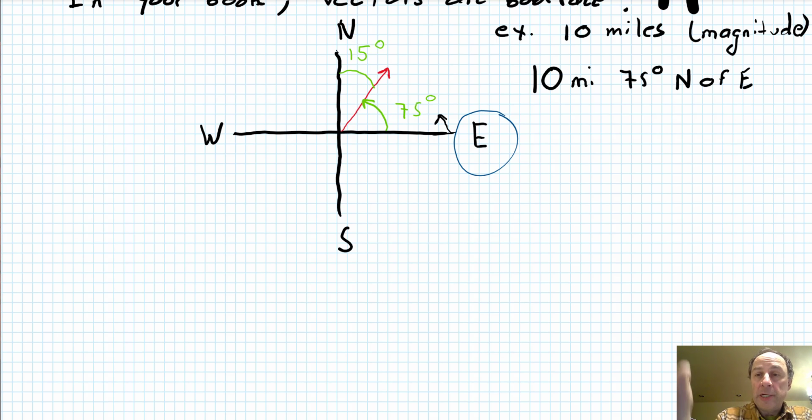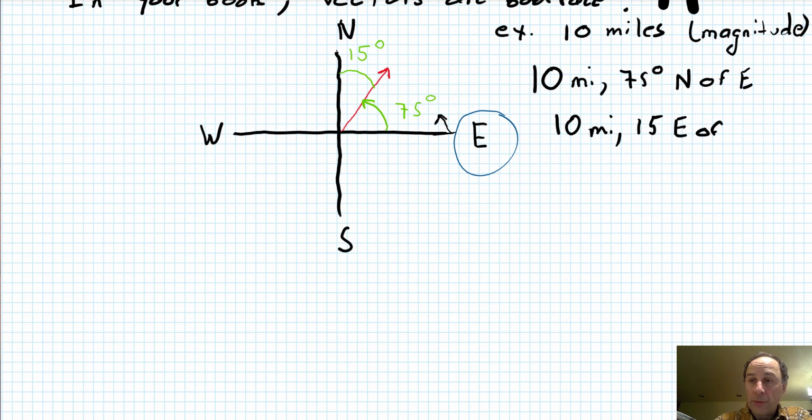You could also say it's 10 miles, with a comma between the magnitude and the direction, 15 degrees east of north. So in this situation, it's kind of the opposite, right? It's starting at north and moving toward the east.